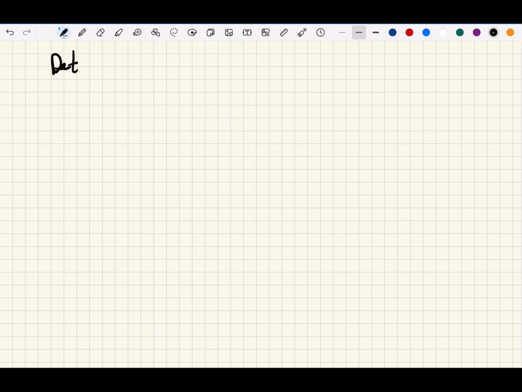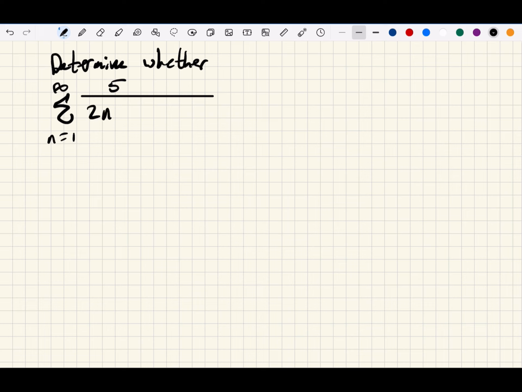Let's determine whether the sum n equals 1 to infinity of 5 over 2n squared plus 4n plus 3 converges or diverges.